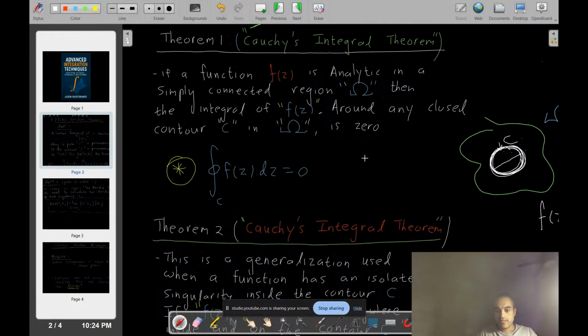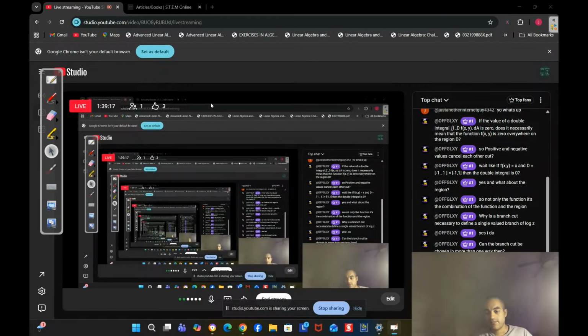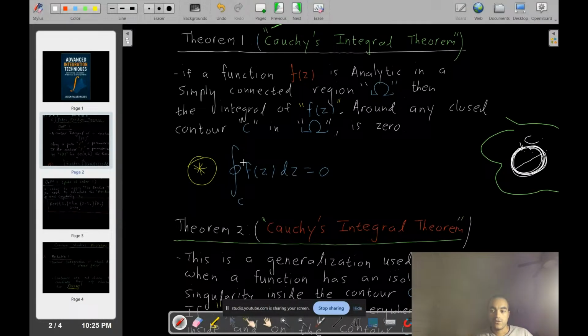Then we've got an issue: if this integral of f of z dz cannot equal 0, then this is a violation of Cauchy's theorem. It automatically has to be 0. That's why it's essential for the function to be analytic everywhere inside and on the contour. If it's not, then we can't have Cauchy's integral theorem. It would be violated.